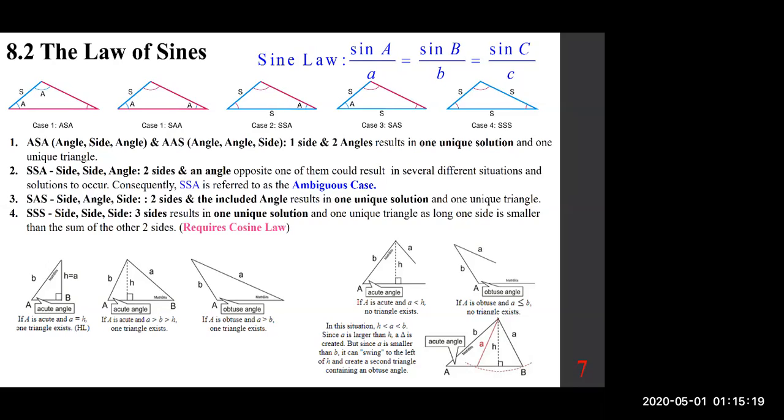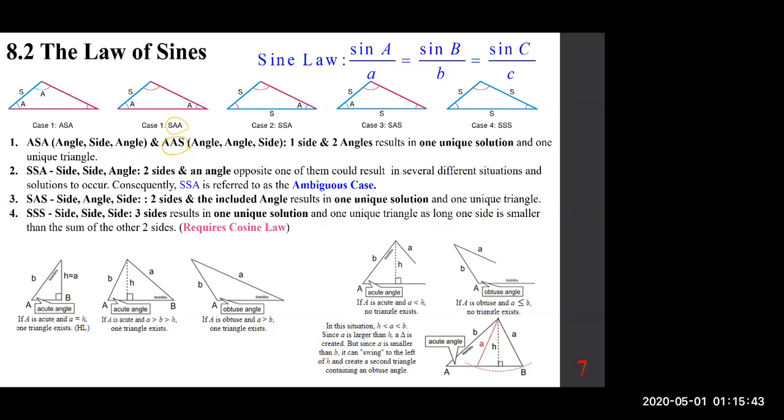Now, the next one is AAS, and I want you to really pay attention to the notation AAS, or they call it SAA. It really makes no difference. It refers to the same thing. We have one side and two angles. So what is the difference between ASA and AAS?